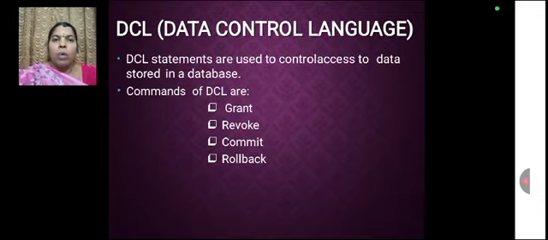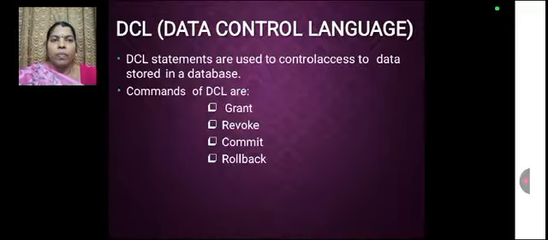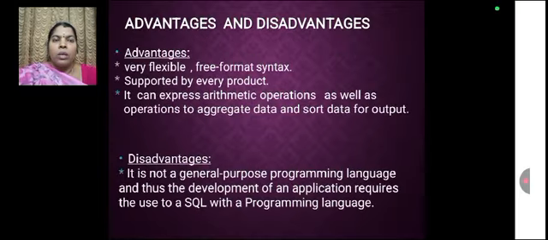Rollback is a command by which you can undo the transaction that was done last. It is used to undo the transaction, by which you can retrieve the previous records that existed before the transaction took place. So these are the most commonly used commands under DDL, DML, and DCL.